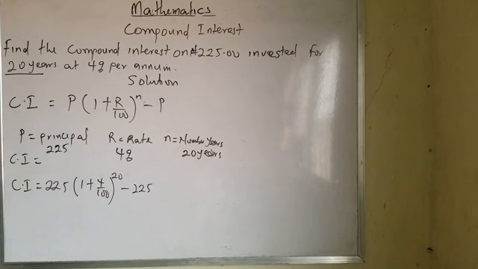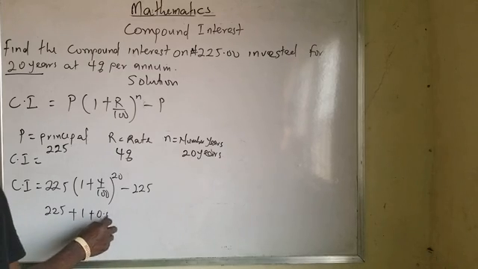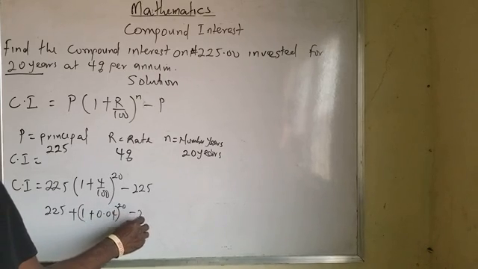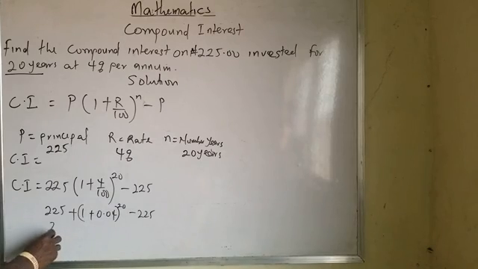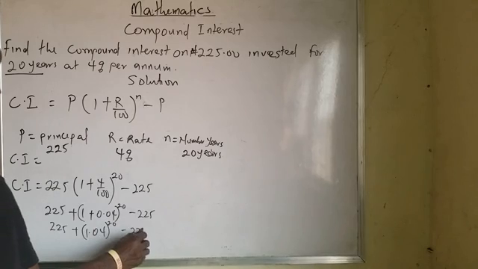That is 225 times (1 plus 0.04) to the power 20, minus 225. That is 225 times 1.04 raised to power 20, minus 225.